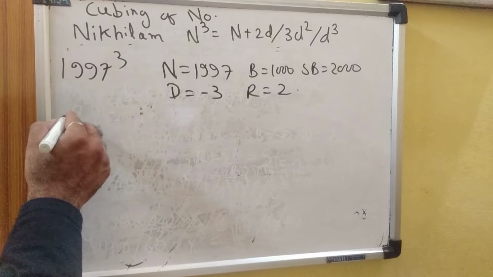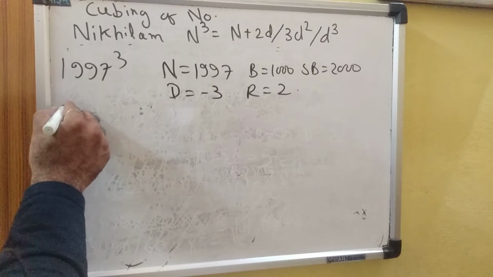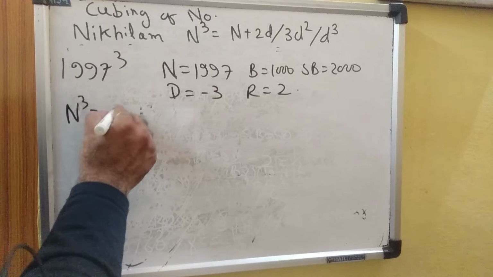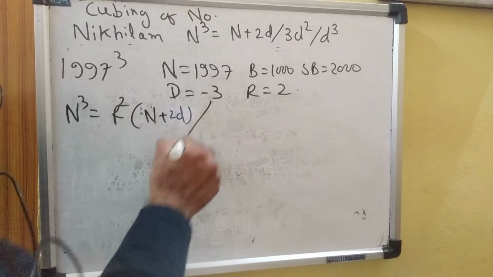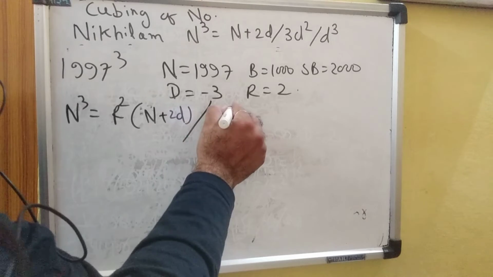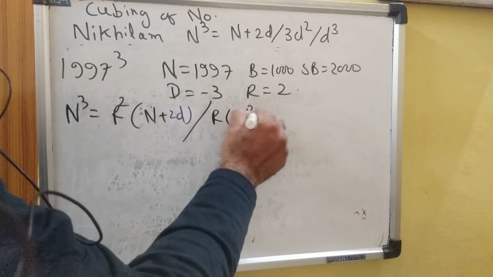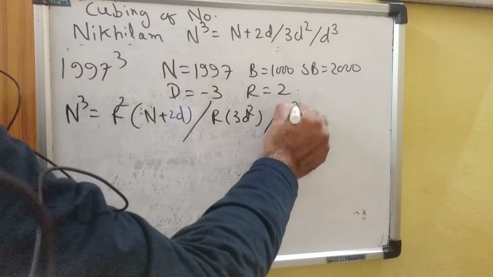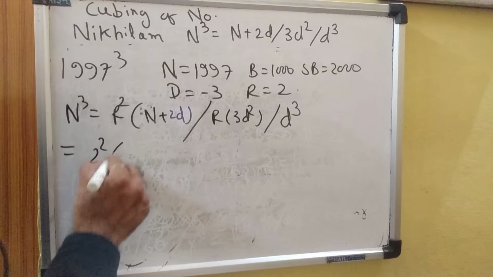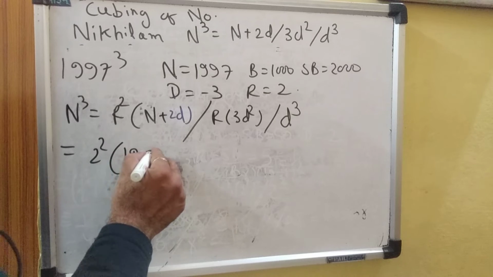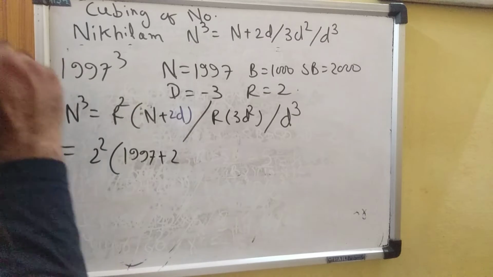So leftmost part is to find n cube. N cube is r square into n plus 2d, and mid part is r into 3d square, and rightmost part is d cube. So here r is 2, so 2 square into 1997 plus 2 times d.